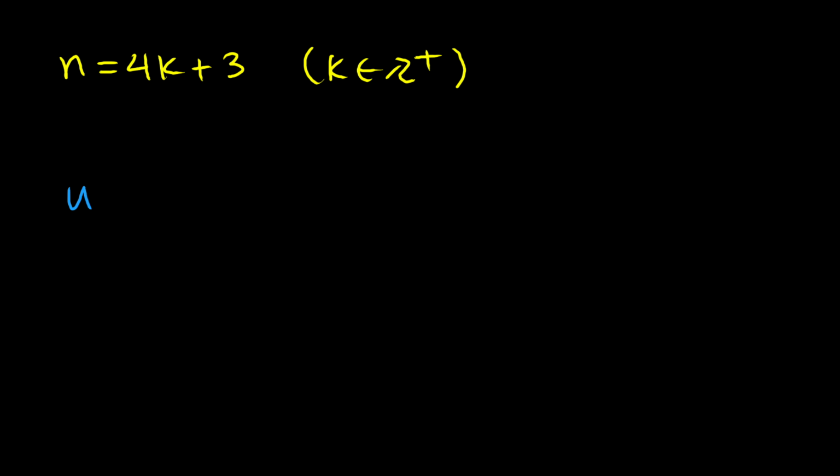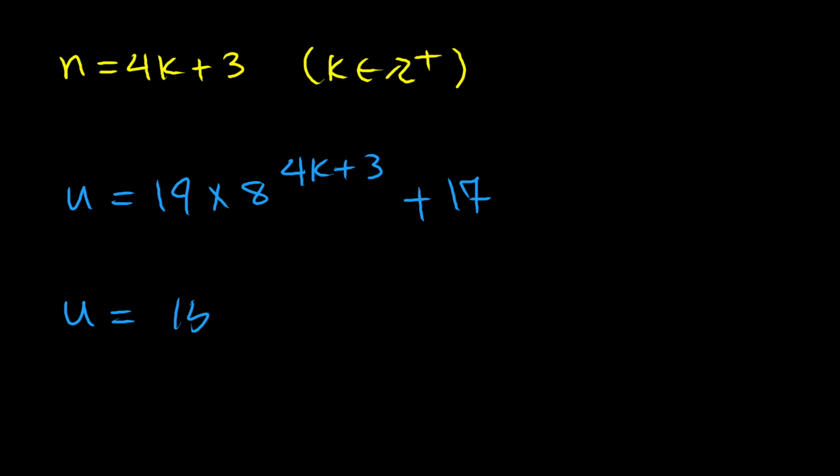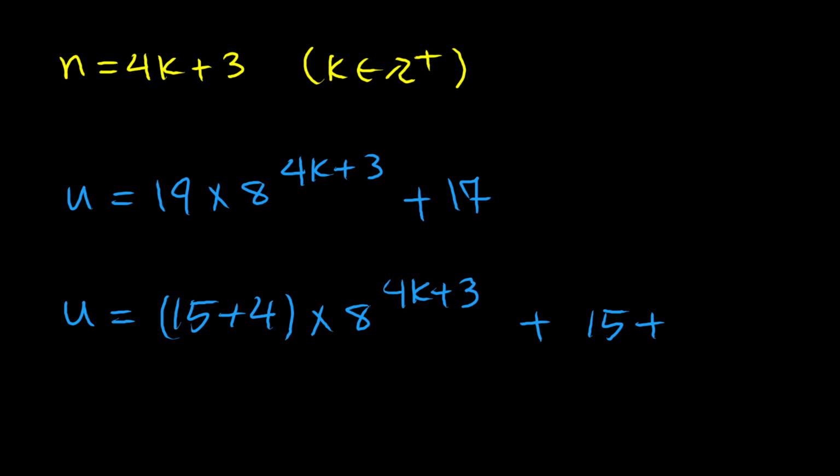So that means that u equals 19 times 8 to the power of 4k plus 3 plus 17. And then I can go ahead and break 19 into 15 plus 4 and break 17 into 15 plus 2.